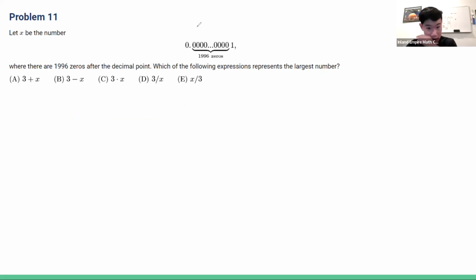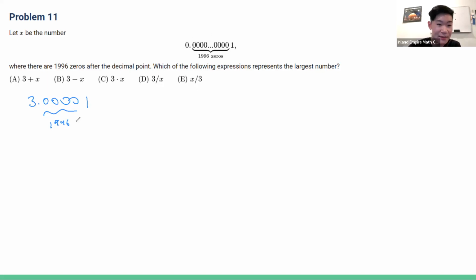Instead, what we have to do is use our knowledge of arithmetic and how these numbers work. So I know that 3 plus x is just 3 plus this tiny number, a tiny fraction. So we'll get 3.000 with that many zeros and then a 1 at the end.